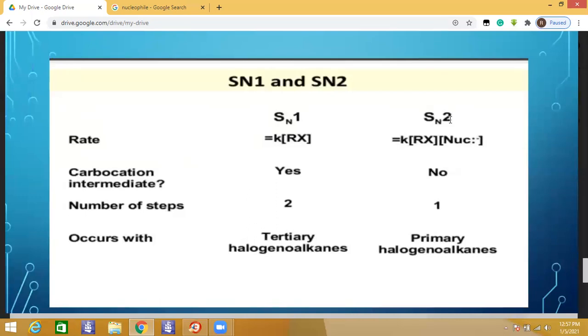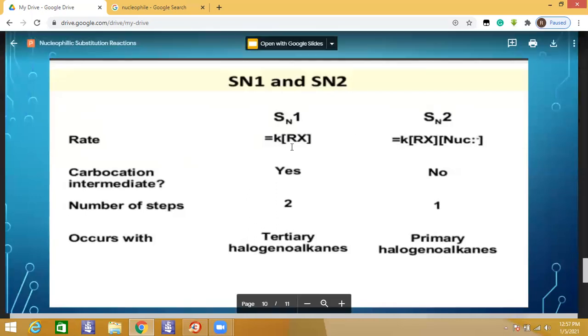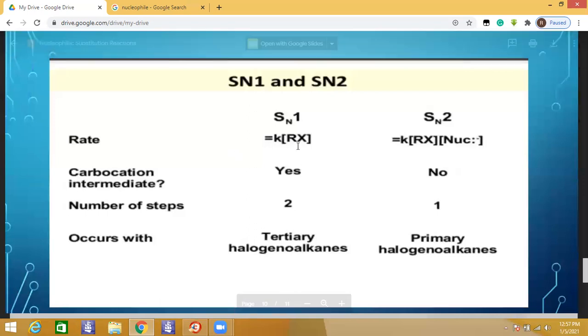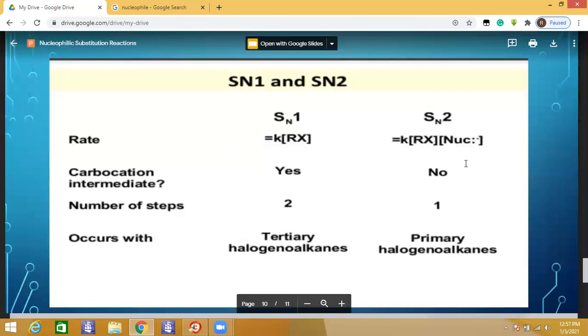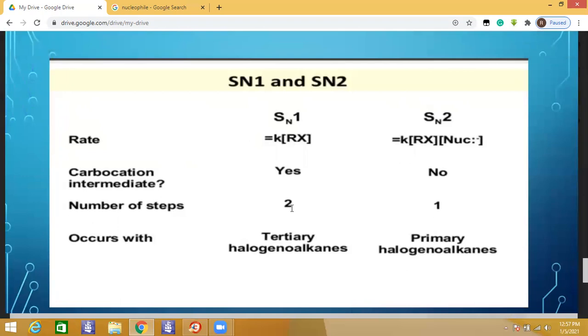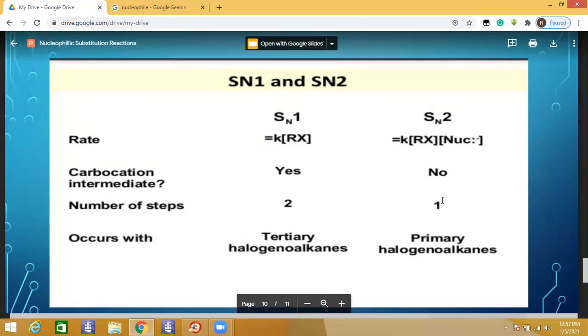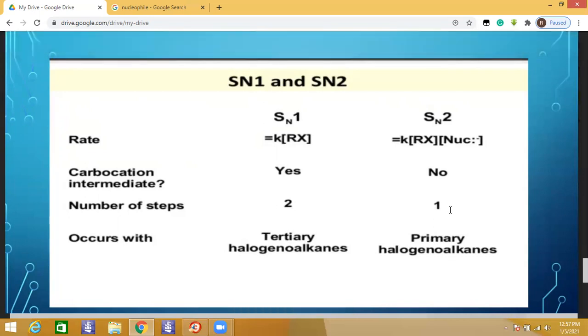So this is bimolecular nucleophilic substitution. Carbocations form in case of Sn1, but there is no formation of carbocations in Sn2. Sn1 is a two-step process. First is the formation of carbonium ion, and then in the second step the nucleophile attacks and gives you the desired product, while in case of Sn2 it is only a one step process, just going through the transition state to give you the products in one step.